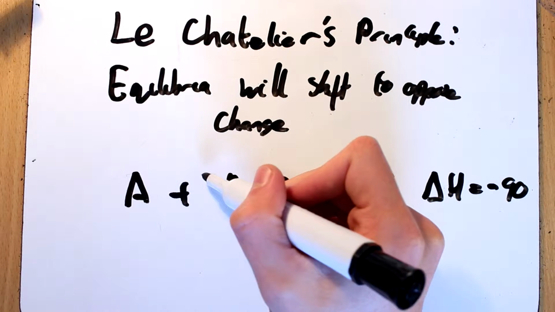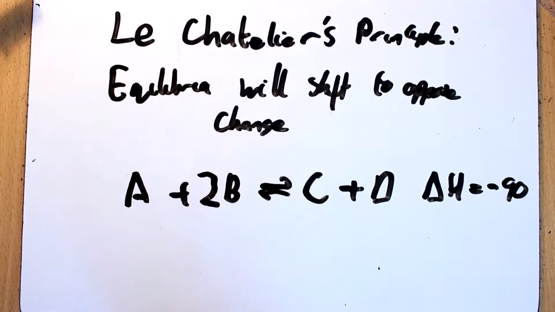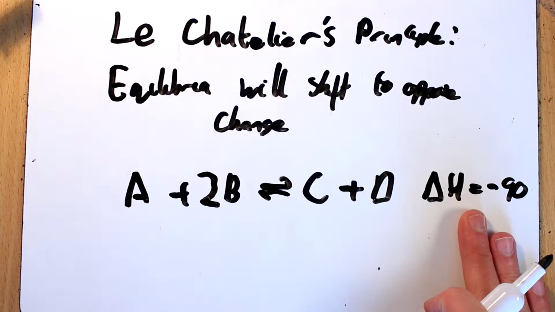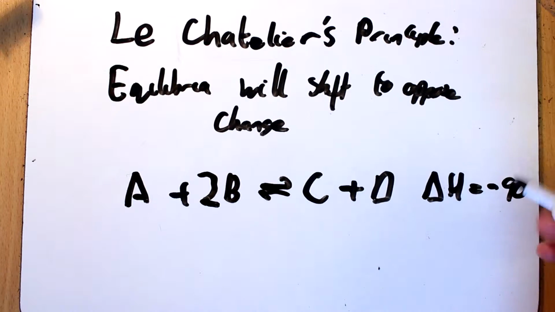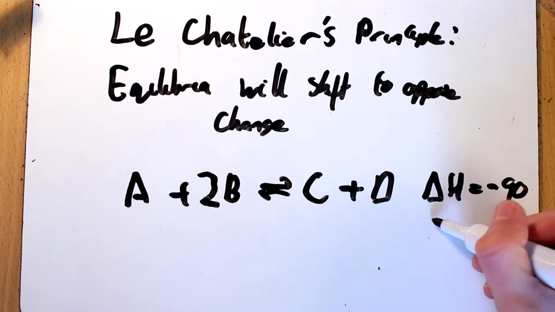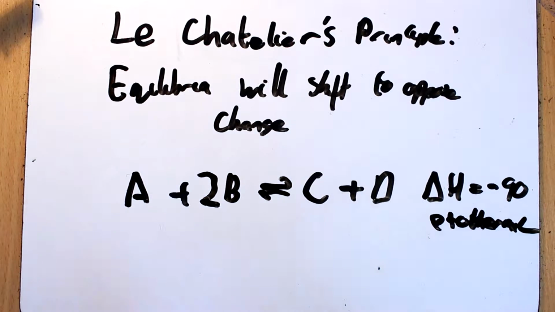And I'm just going to make it interesting, I'm just going to say that's 2B. So we have a coefficient on the B. So we've got a negative value for delta H, so we should be thinking, oh, that's exothermic immediately. I'm just going to write in exothermic. Whenever you see delta H, if it's positive or negative, immediately you should be thinking, is it exo or endothermic, and how does that affect things?